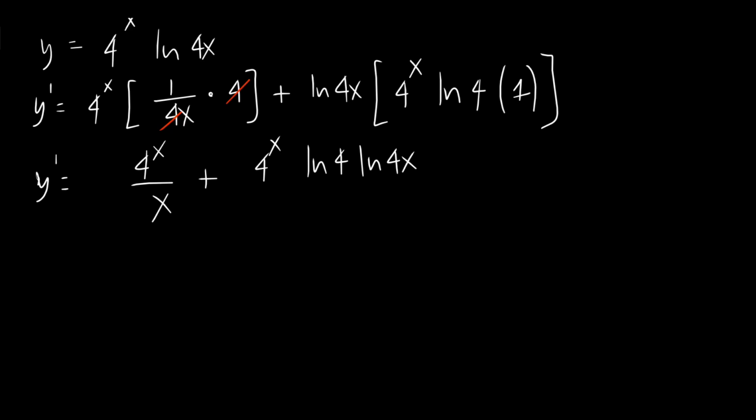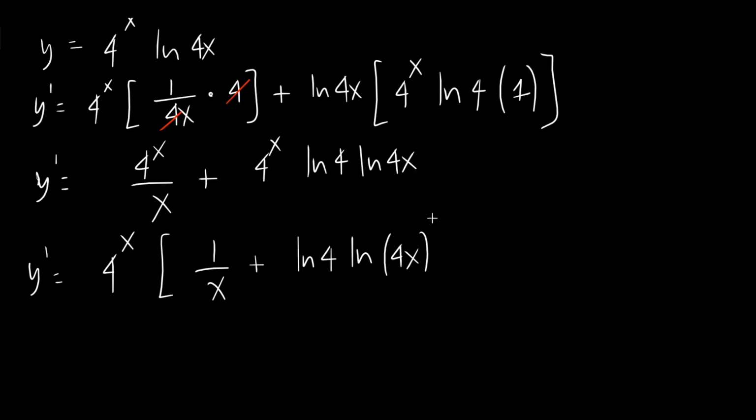We will factor out 4 raised to x. So y prime is equal to 4 raised to x times 1 over x plus ln of 4 times ln of 4x. This will now be our final answer.